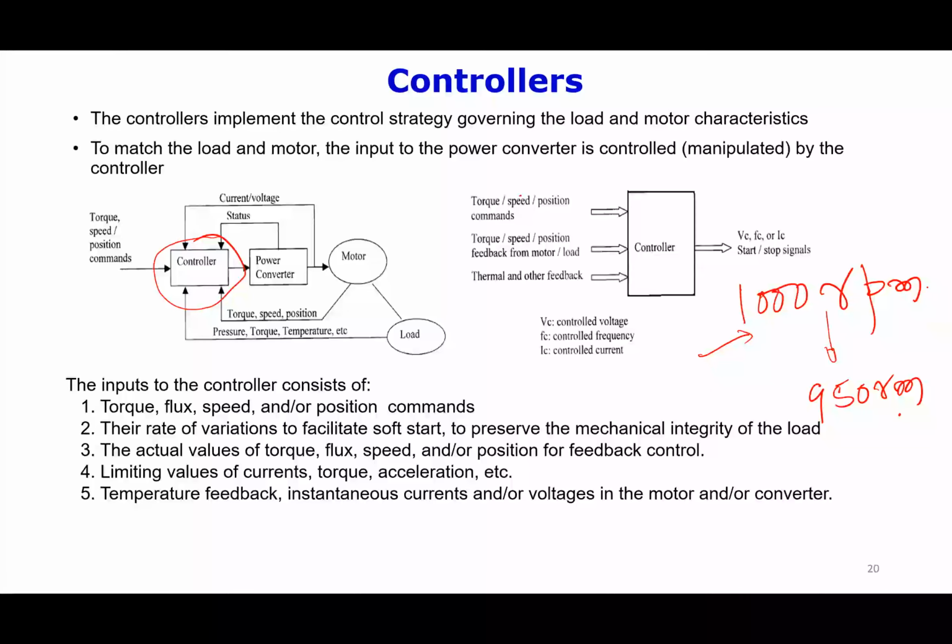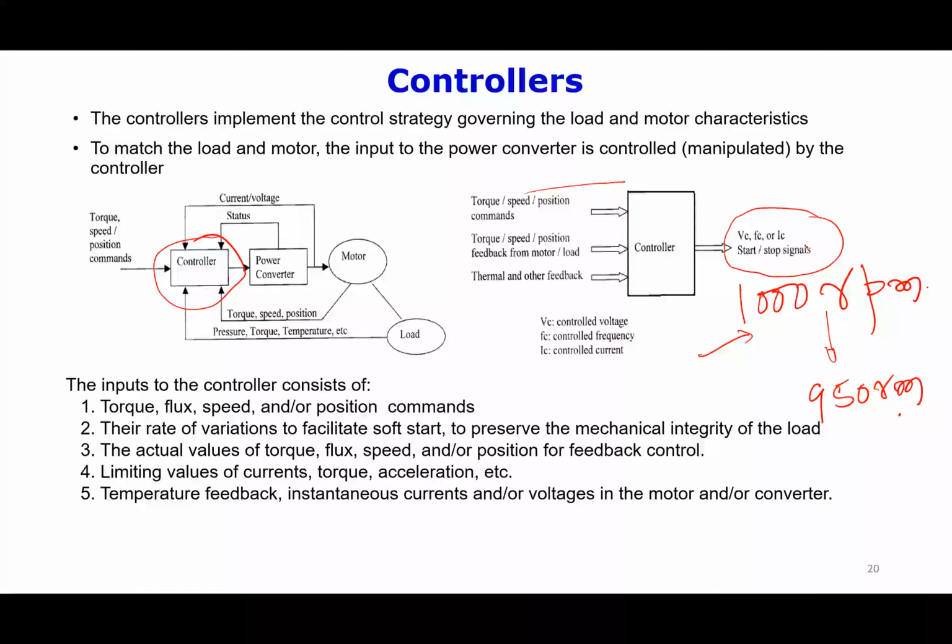So these are the input signals to the controller, like torque, speed, and position commands, and the torque, speed, position actual values, then the temperature and other feedback signals. Finally, we get the voltage, the frequency, or the current that needs to be supplied to the motor.